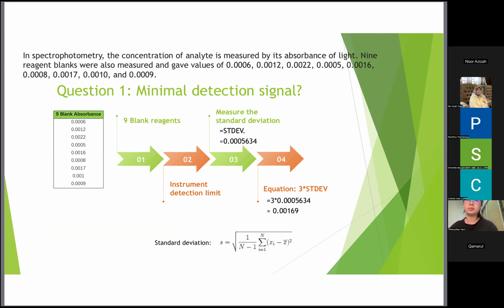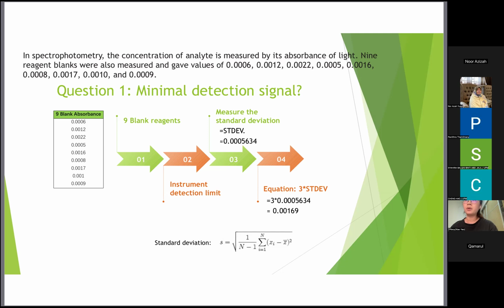We have the absorbance of 9 reagent blanks on the left side of the screen, and at this moment, we only have the data from blank reagents, and the analyte has not yet begun to be measured. So what is required here is the minimal detectable signal of the instrument.